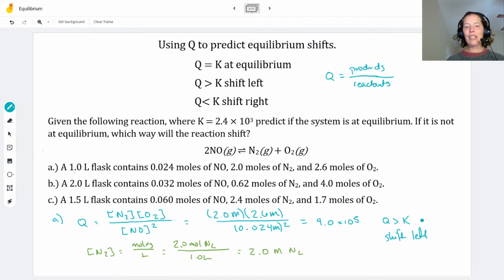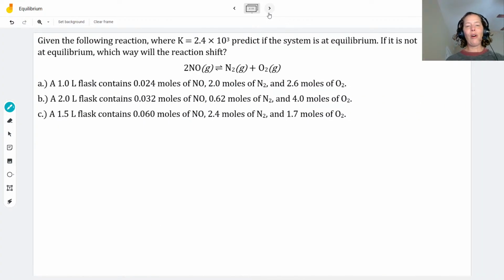Okay, so that is part A, but let's do part B and part C. So I have all our numbers written up here, and we're going to do the same thing. We're just going to be calculating what Q is. So I'm doing part B now. So Q is still the same expression, but remember I need concentrations.